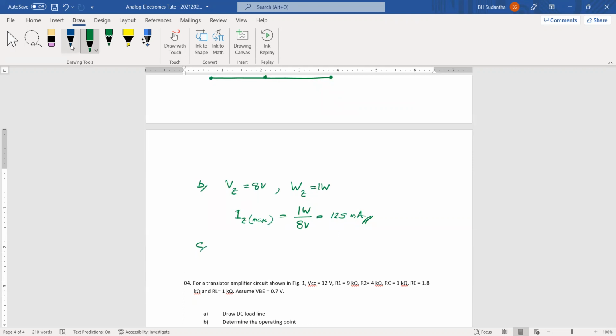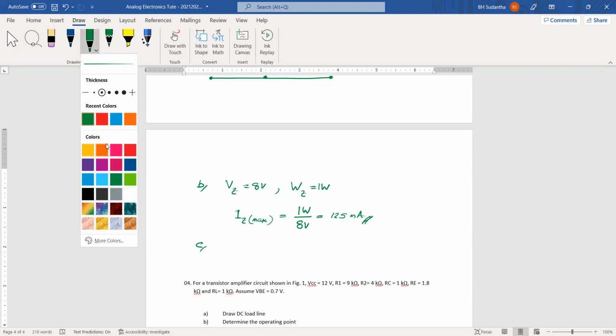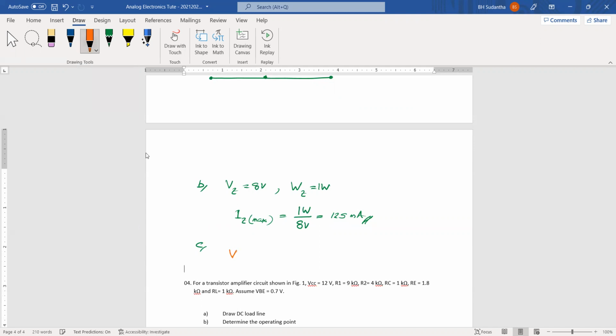Then we know that we can write this equation: V supply equals V RS plus V Zener.